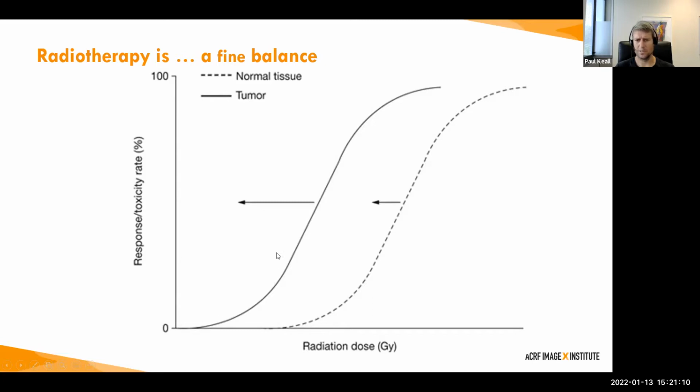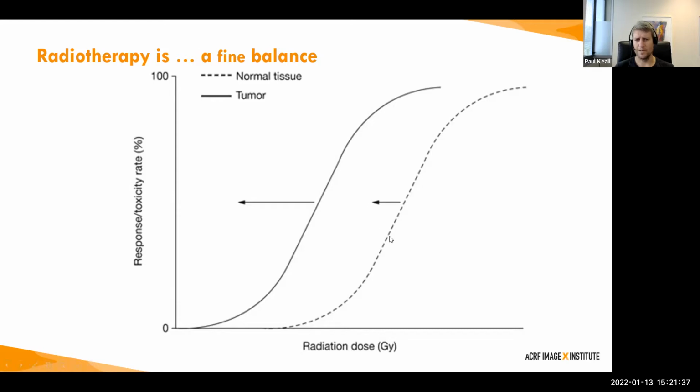Of course, the more radiation dose that we give to the tumor, the higher the control rate will be. As we give more radiation dose to the tumor, we necessarily give more dose to the normal tissues as well. And this is really where the fine balance comes in. So we've got an effective treatment, but a toxic treatment.